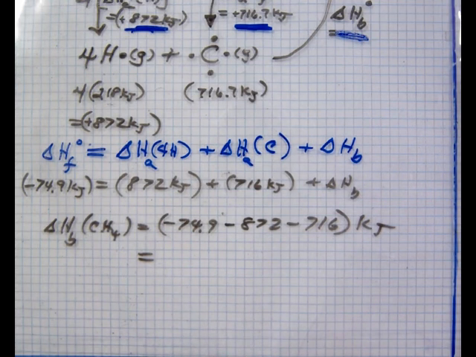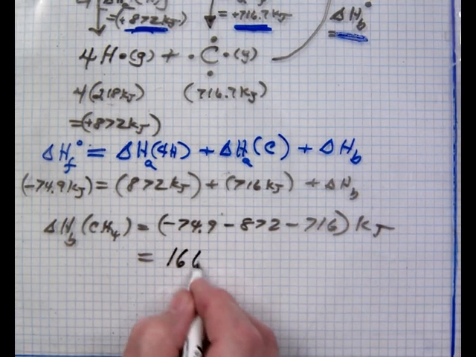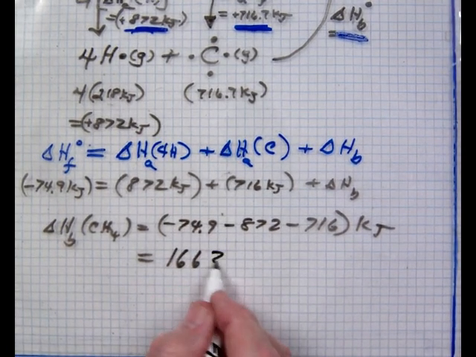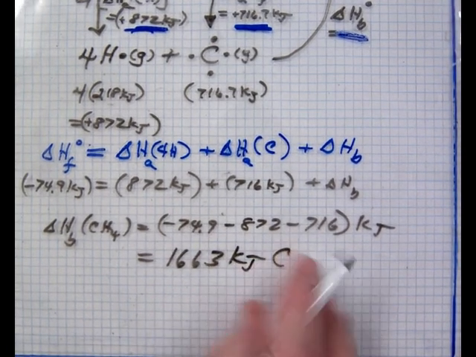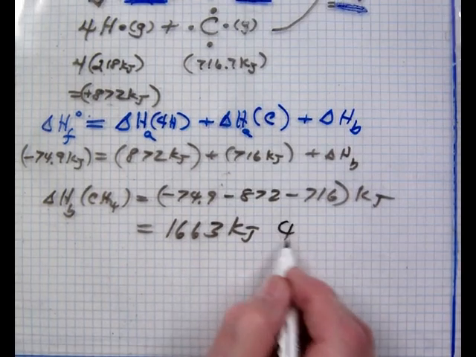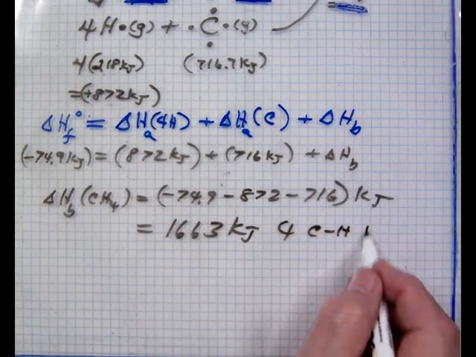So that's 1663 kilojoules for all of the CH4. That's 4 carbon-hydrogen bonds.